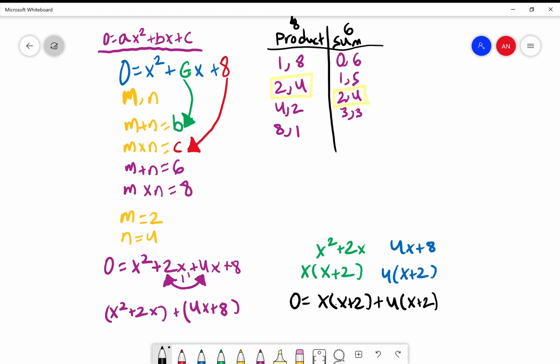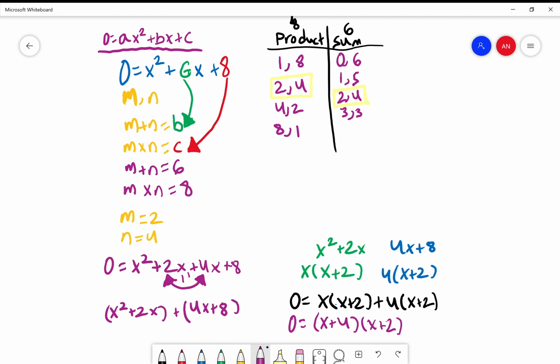And we can rewrite this like 0 is equal to x plus 4 times x plus 2, because we're multiplying x and 4 by the same thing. So if we add x plus 4 and multiply that whole thing by x plus 2, it will get us the same result.